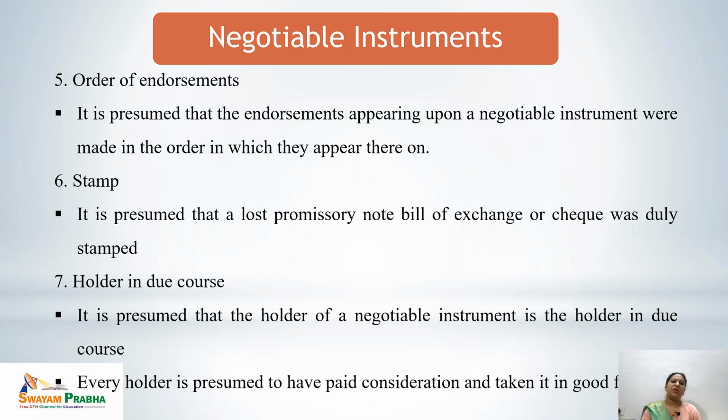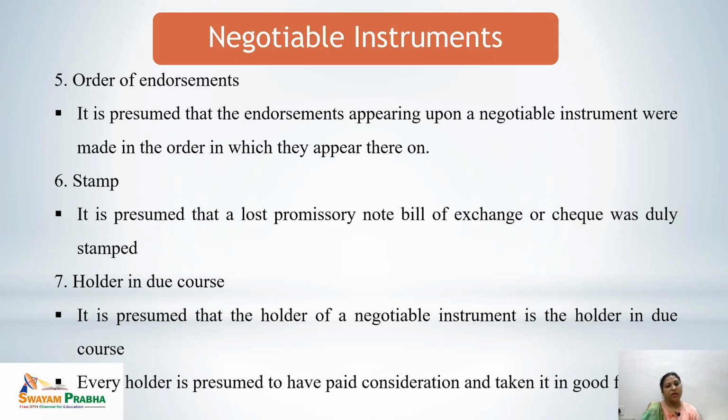Next point is order of endorsements. It is presumed that endorsements appearing upon a negotiable instrument were made in the order in which they appear. The basic funda regarding endorsement is that when the negotiable instrument is being endorsed further, it is mentioned on the face of that negotiable instrument.